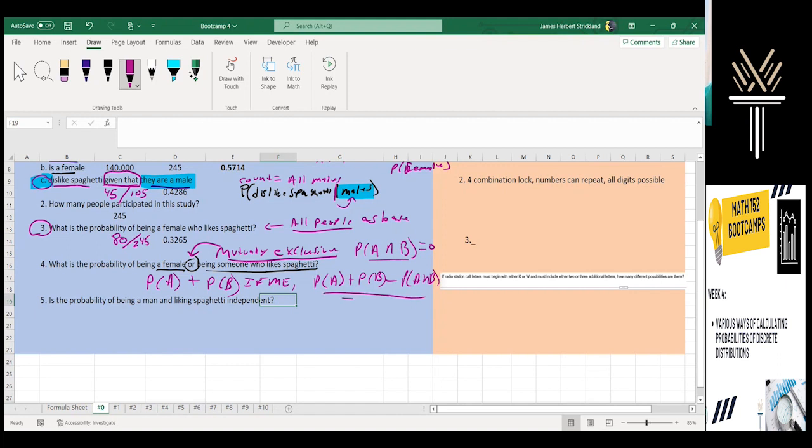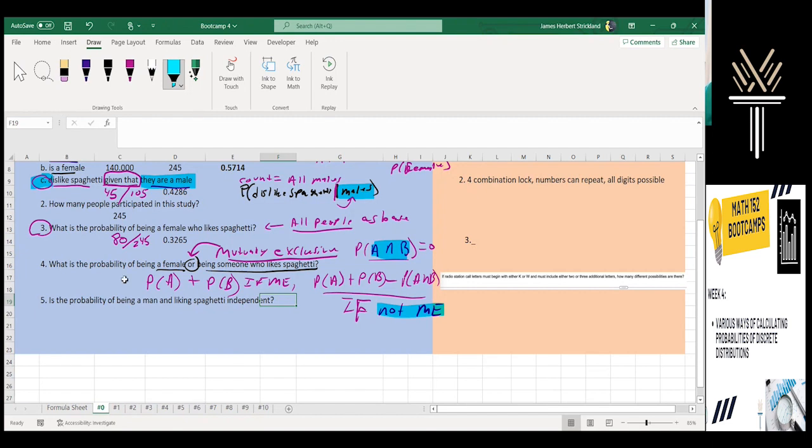So we do this if not mutually exclusive. In other words, if they share anything in common, if they have a box where they overlap, then it's not mutually exclusive. If they have nothing in common, then they are mutually exclusive. So we like double negatives. Not mutually exclusive means that there is something in common, and mutually exclusive means nothing in common.